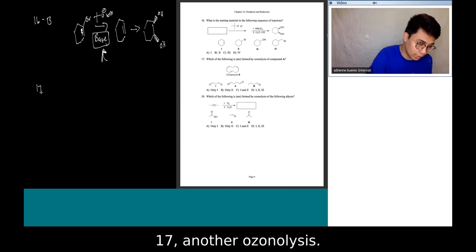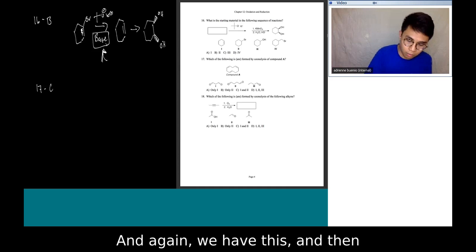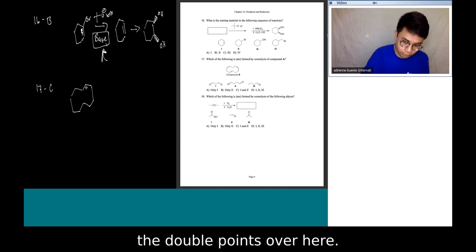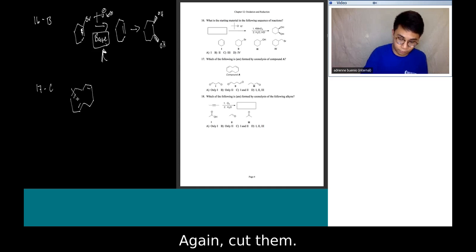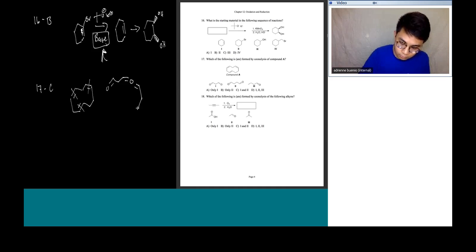17, another ozonolysis. This one you guys should have gotten C. And again, we have this, right? And then where the double bonds are over here. Again, cut them, right? Cut them. And then let's start with the top, the side, right?